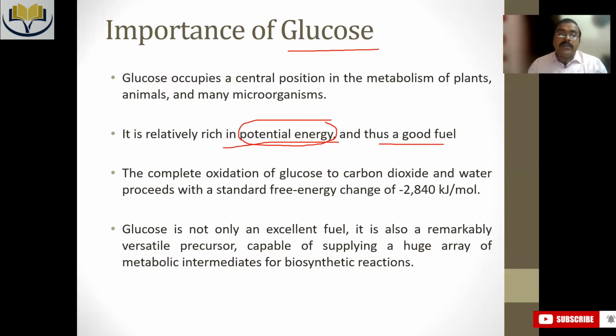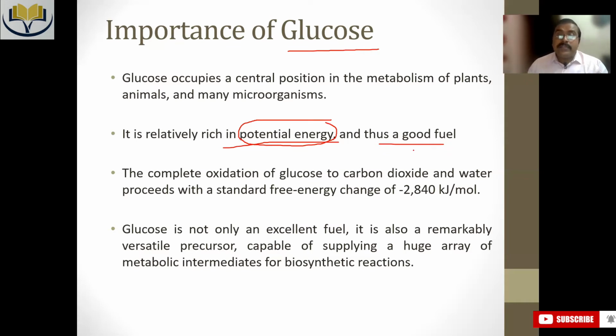That conversion enriches the glucose with a huge amount of potential energy. So that is why glucose is considered to be a fuel. And as I've already mentioned, in every organism there is a metabolic chain, and that metabolic chain is basically based on glucose.